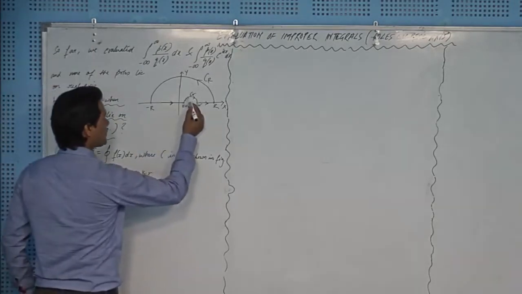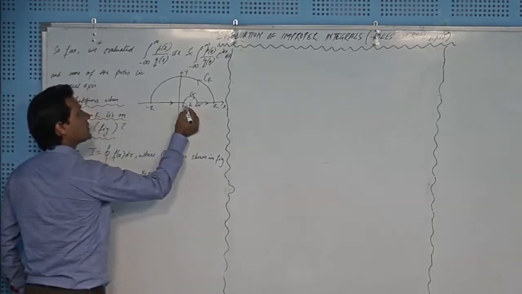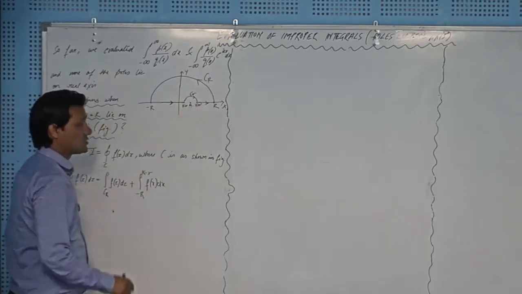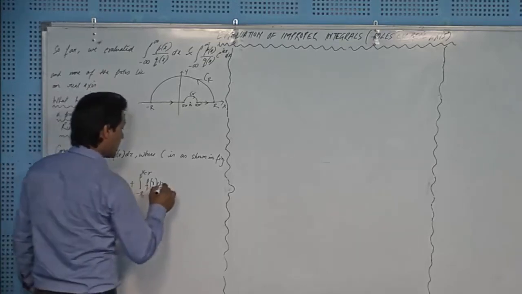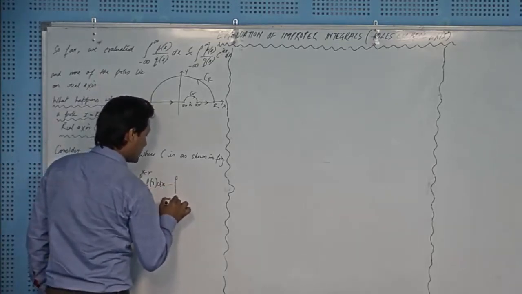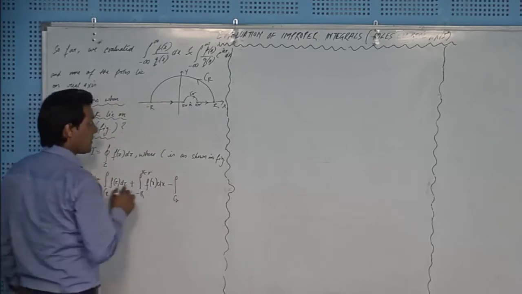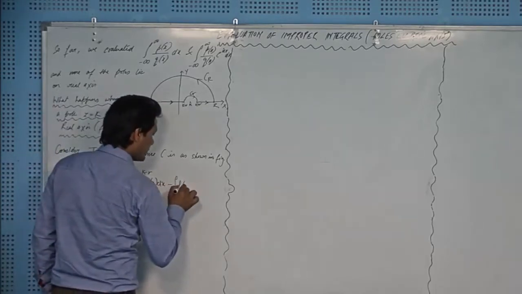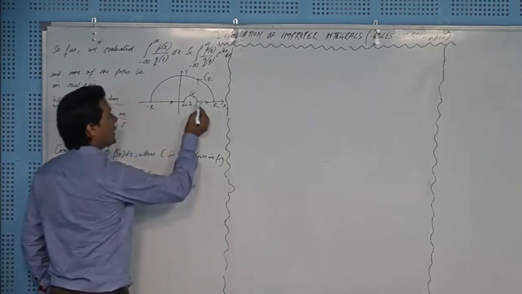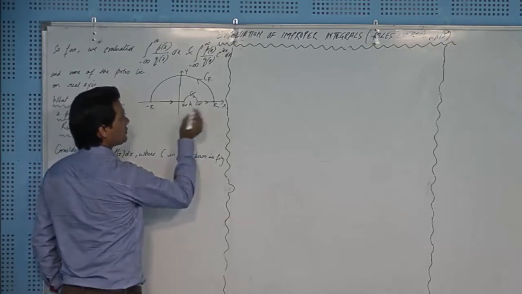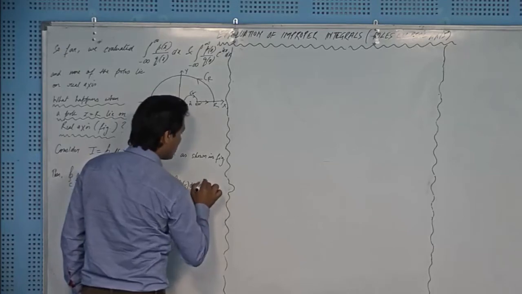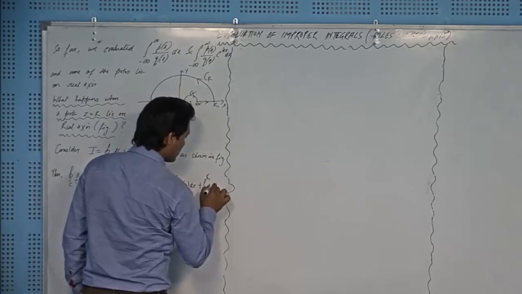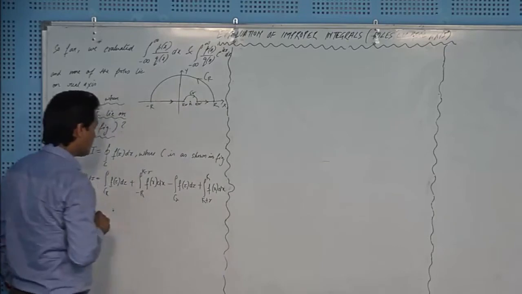And then this semicircular arc, and you see that its direction is clockwise, which is taken as negative, so I will put a negative sign here and write c small r, integral of f z d z. And then again k plus r to capital R, f x d x.